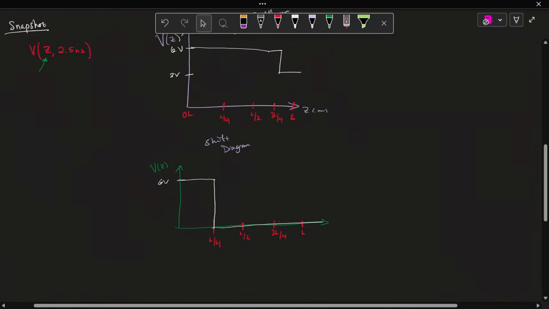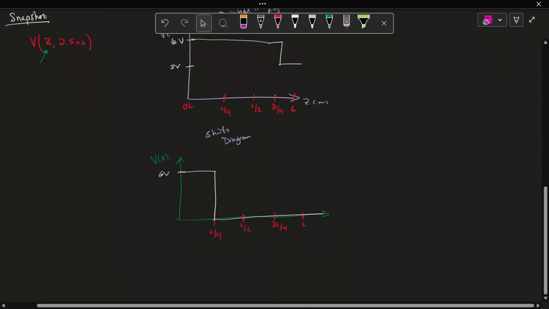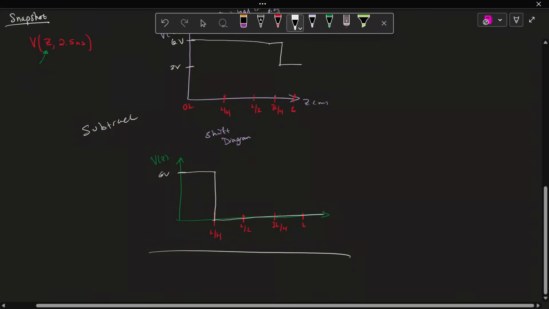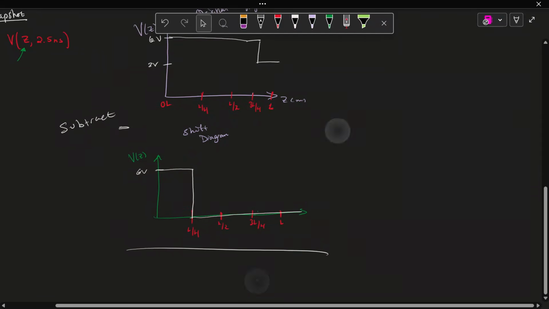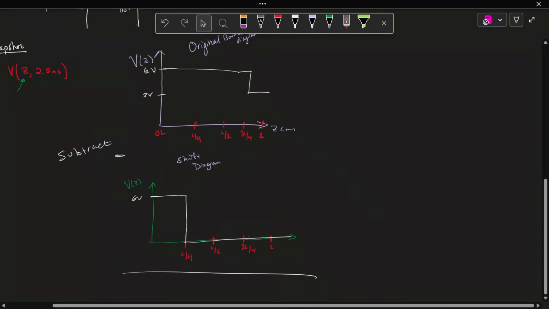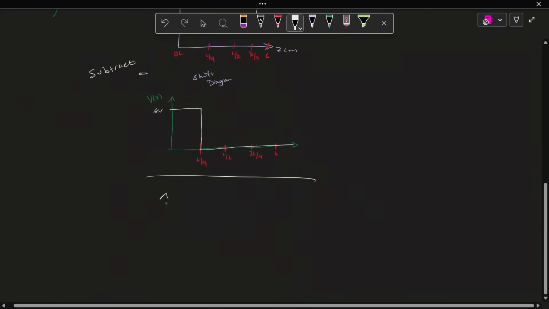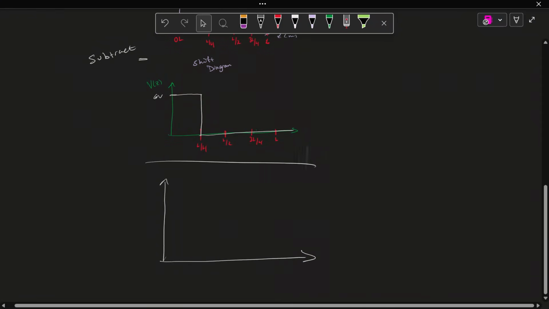Now what you do is you subtract. So now you can subtract the original minus the shifted diagram. From 0 to L over 4, if we subtract this, what do we have? We have 6 volts minus 6 volts at 0 to L over 4. Well, that's 0 volts. We don't have to do anything for that one.